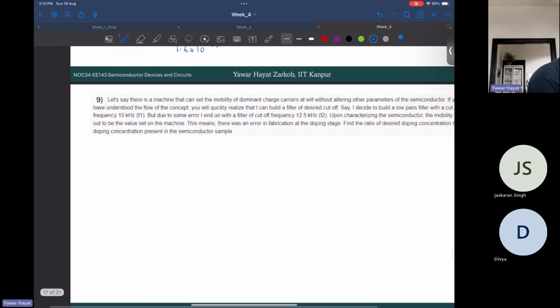So your cutoff frequency is 10 kilohertz. This is what we desire.